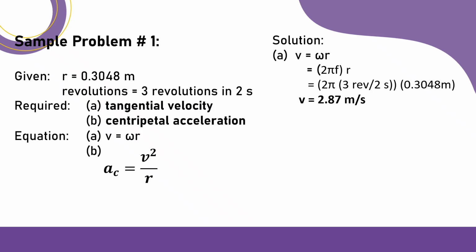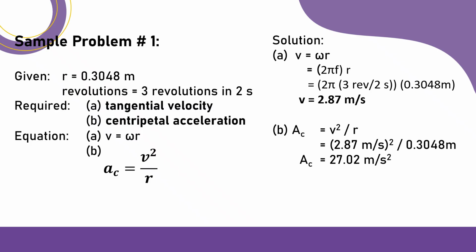Now, using this computed value, we're going to get the centripetal acceleration. a_c is equal to v squared divided by r. So we have 2.87 meters per second. We square that value and divide by the radius to arrive at an answer of 27.02 meters per second squared. That's actually a strong inward pull just to keep the wheel turning.